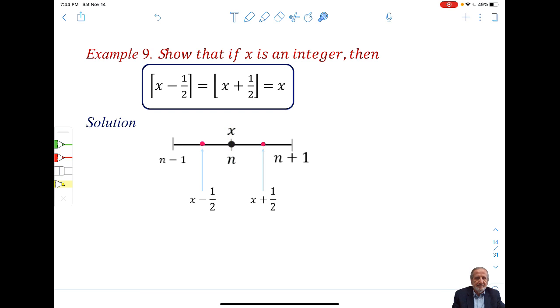So x plus 1/2 takes you to here. x minus 1/2 is here. Now if you take this x minus 1/2 and take the ceiling function of it, it takes you back to n. If you take here x plus 1/2, and take the floor function of this, it takes you back to n. It's very simple.